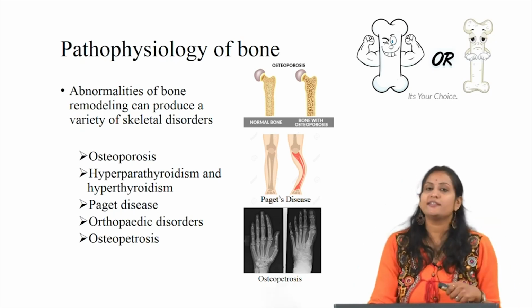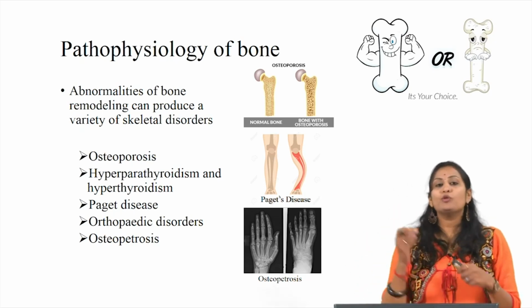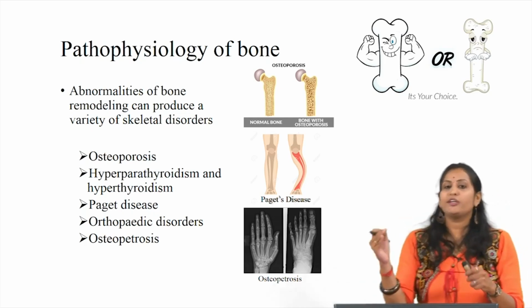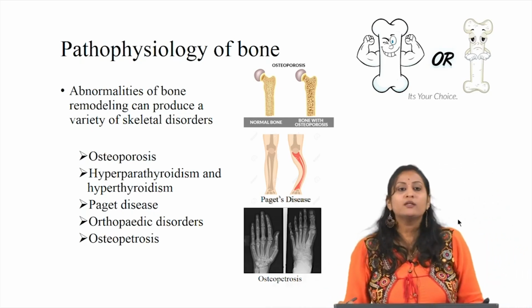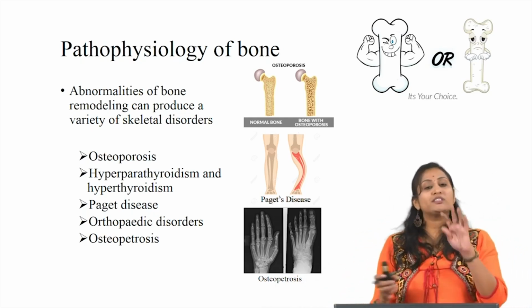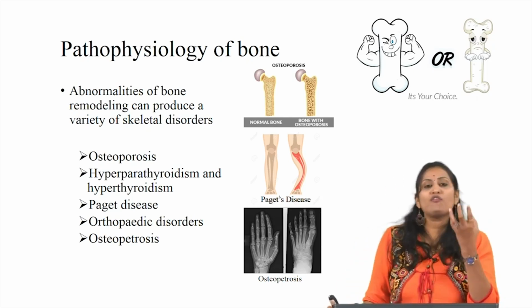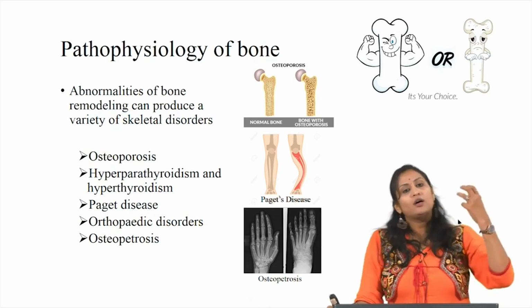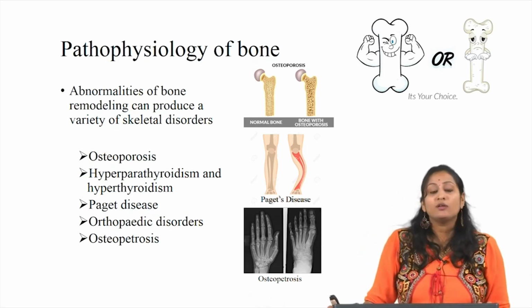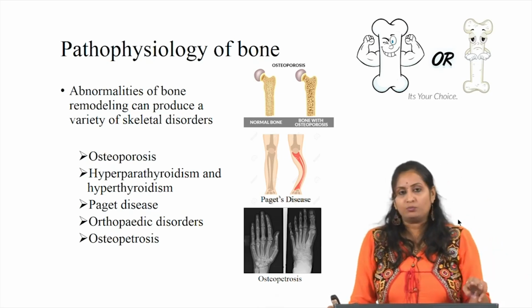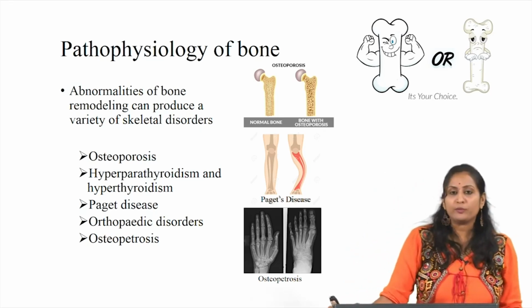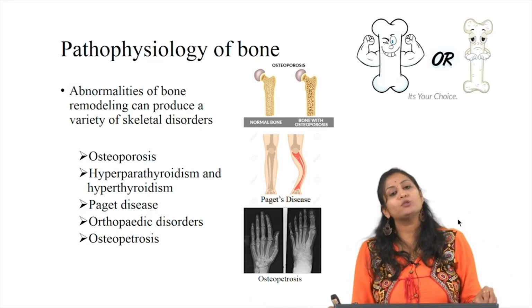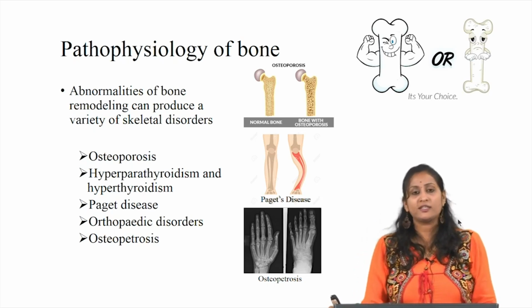These are the skeletal disorders which are due to abnormalities in the bone remodeling cycle. Osteoporosis is defined as the loss of bone mass and strength which leads to an increased propensity to fracture. It is type 1 and type 2. Type 1 is called postmenopausal osteoporosis and type 2 is called senile osteoporosis.